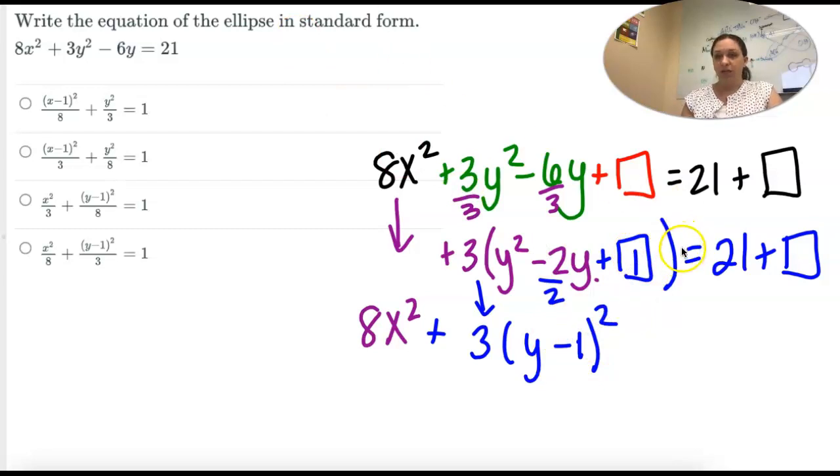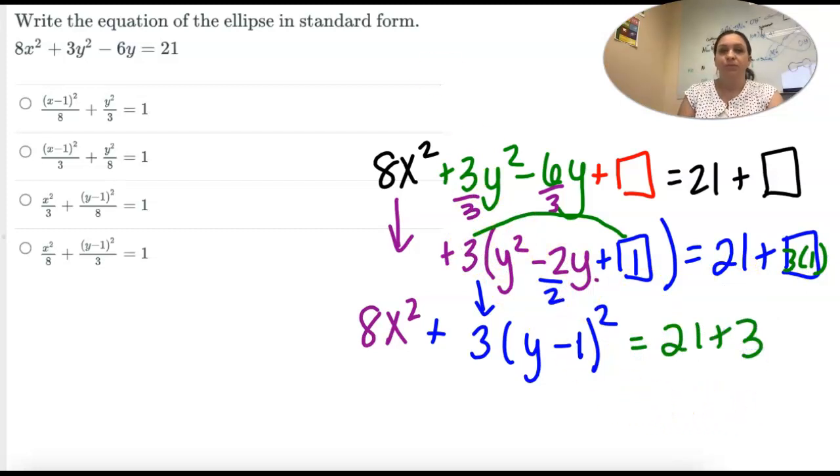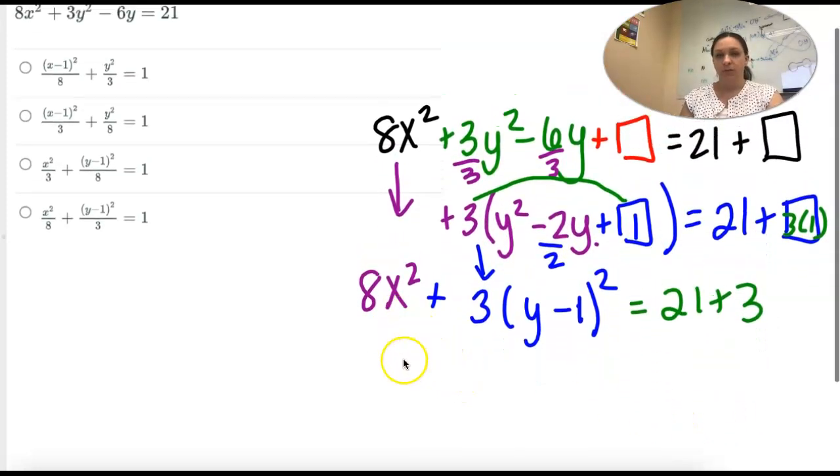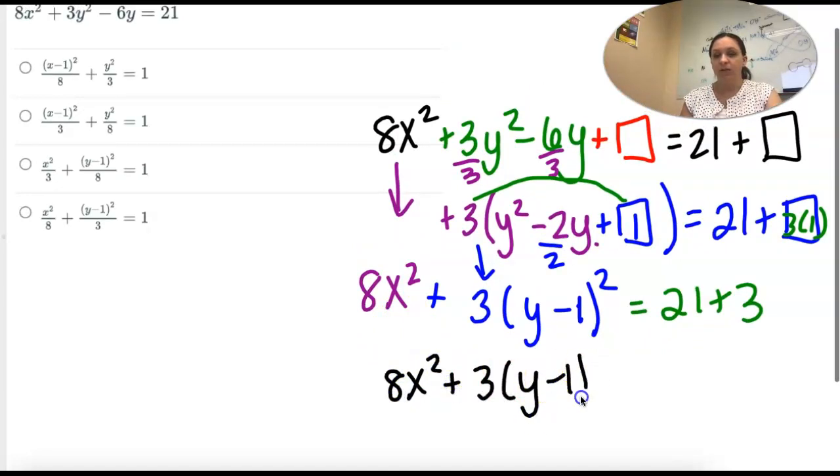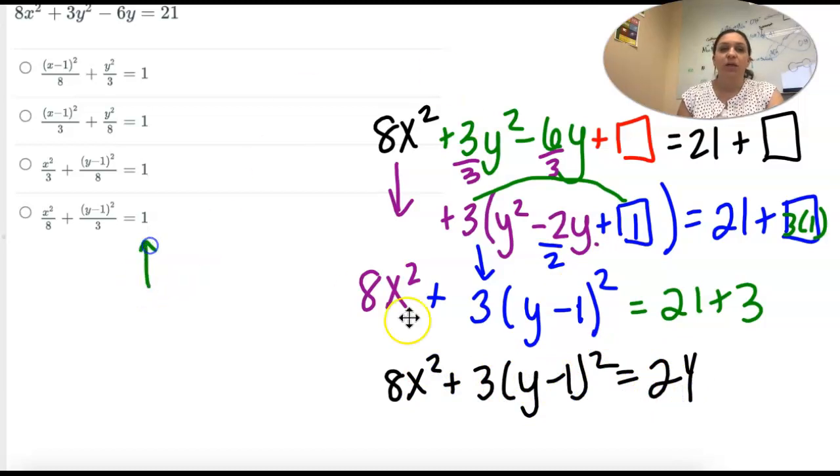Okay, it gets a little different here. We're actually taking 3 times 1 out here. We cannot forget the 3. So 21 plus 3. So I have 8x squared plus 3 times y minus 1 squared equals 24. But I need it to be equal to 1.